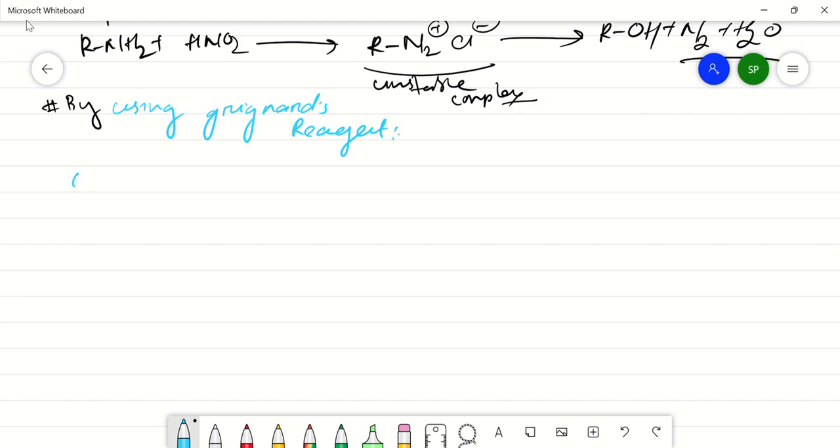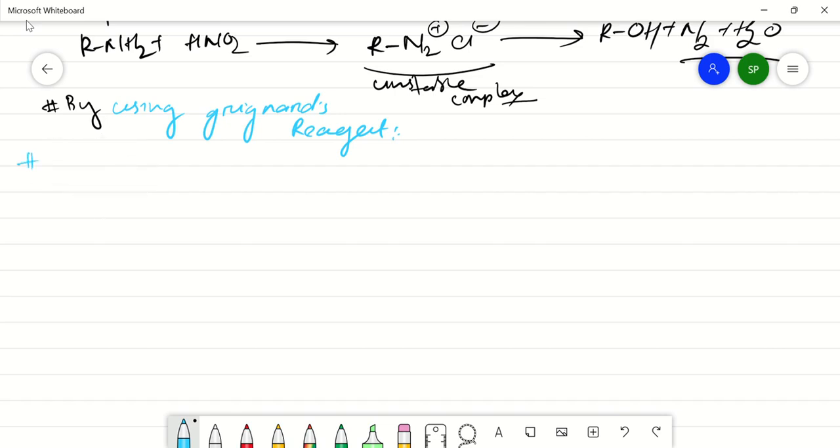The general formula of Grignard reagent is RMgX. X is halogen, R is any alkyl group. Okay. Step by step we will see all the production.